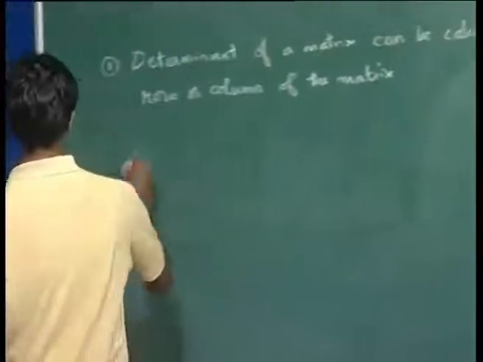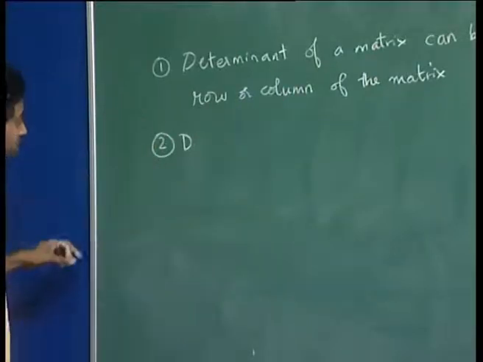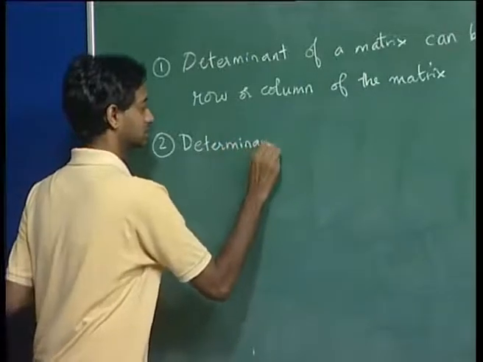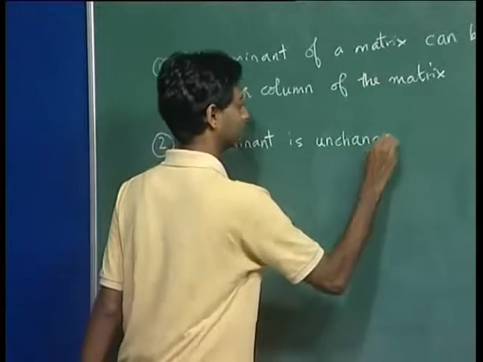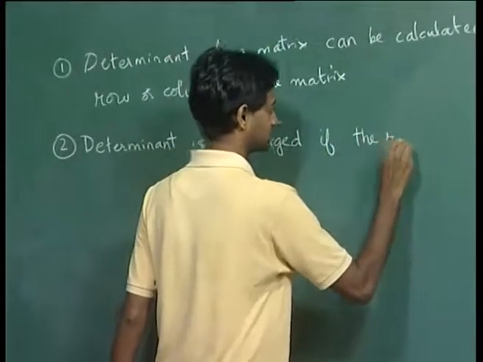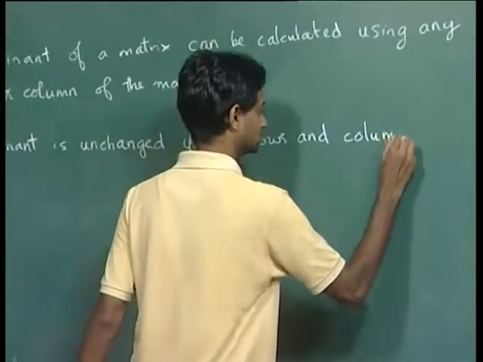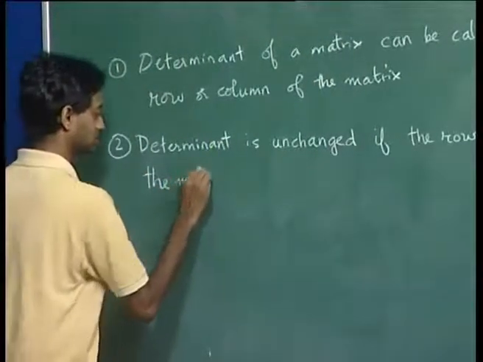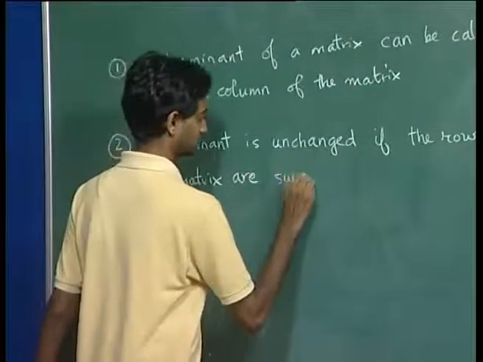Next is, and this follows from the definition of the determinant, that the determinant is unchanged if the rows and columns of the matrix are swapped.